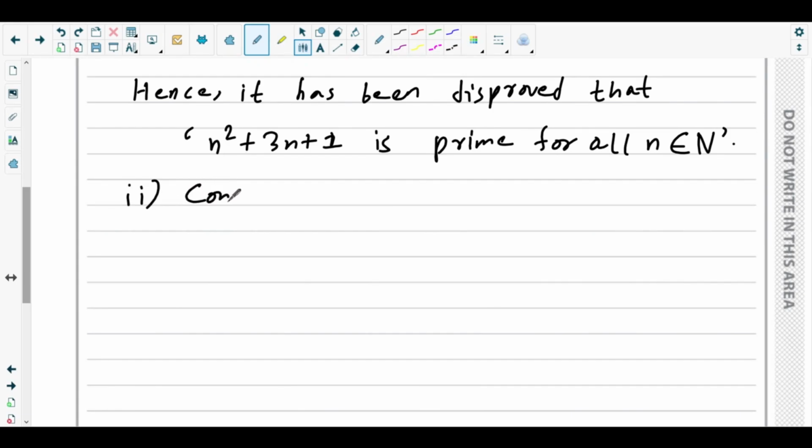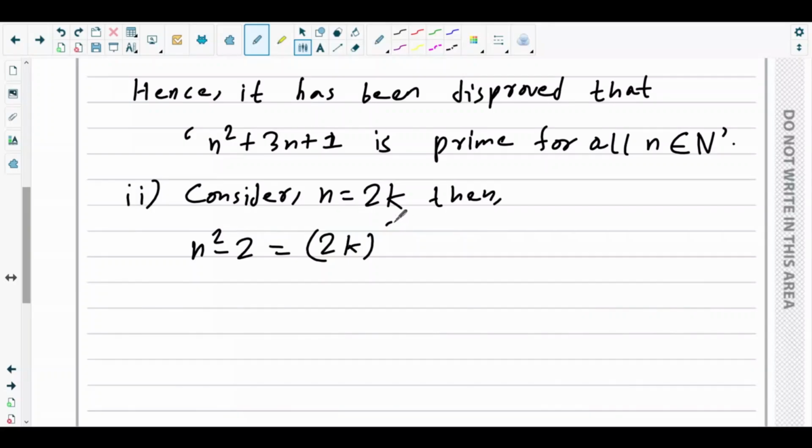So for part 2, for even, we can consider n equals 2k. If n equals 2k, then n squared minus 2 equals (2k) squared minus 2, which is 4k squared minus 2. Is it a multiple of 4?